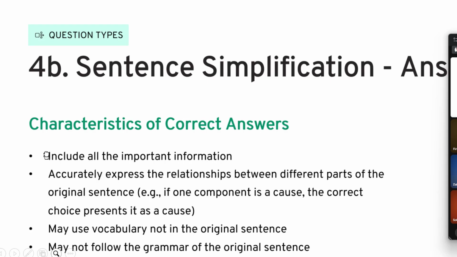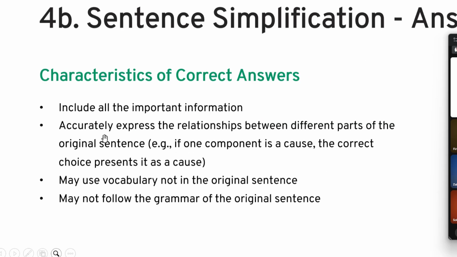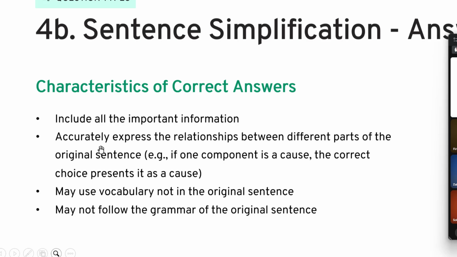The first thing is that when we have a sentence simplification question, the answer choice will include all the important information. That important information is the writer's central message, the main point, and it should always be included. If the paraphrase doesn't have the main point or it misses the idea, it's the incorrect one.